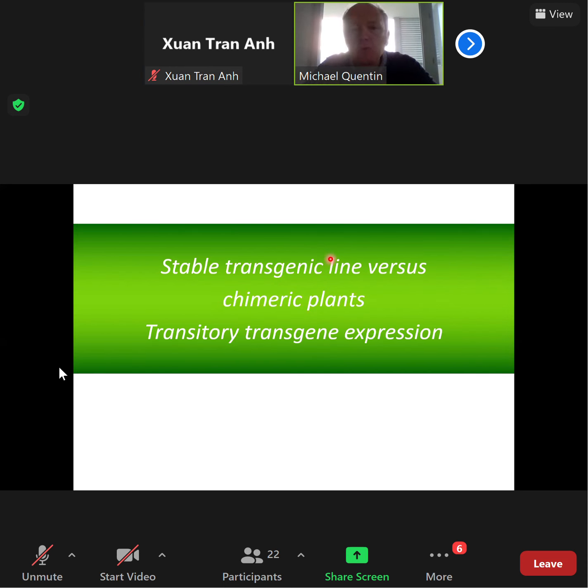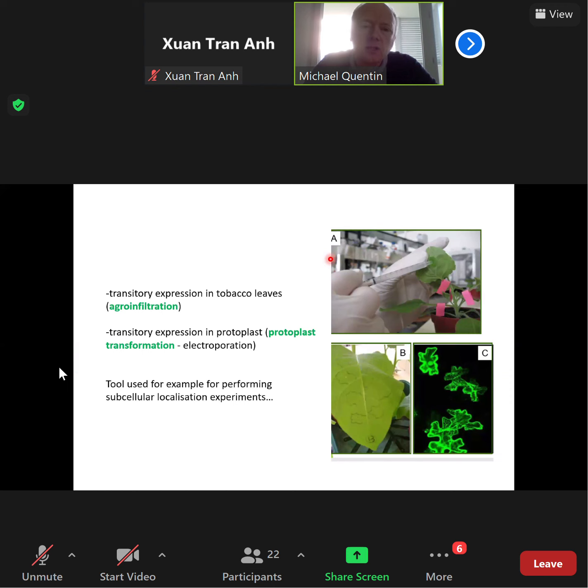But you may also use Agrobacterium tumefaciens or Agrobacterium rhizogenes only to transiently express a transgene in some plant cells. Okay? And that's, for example, the methods that are presented here.